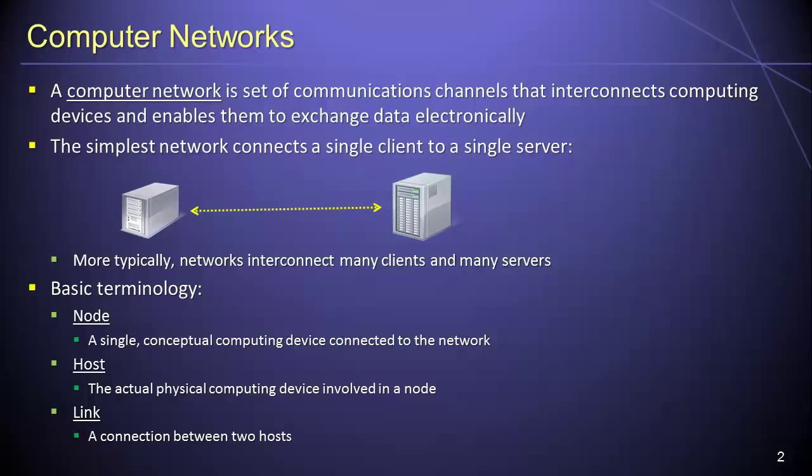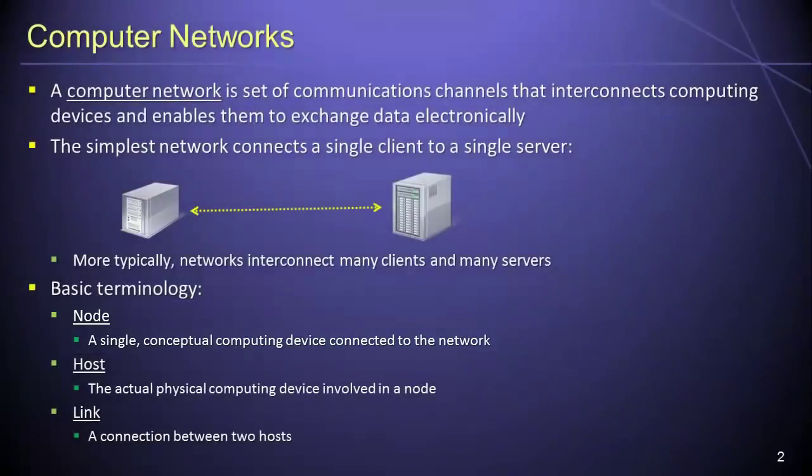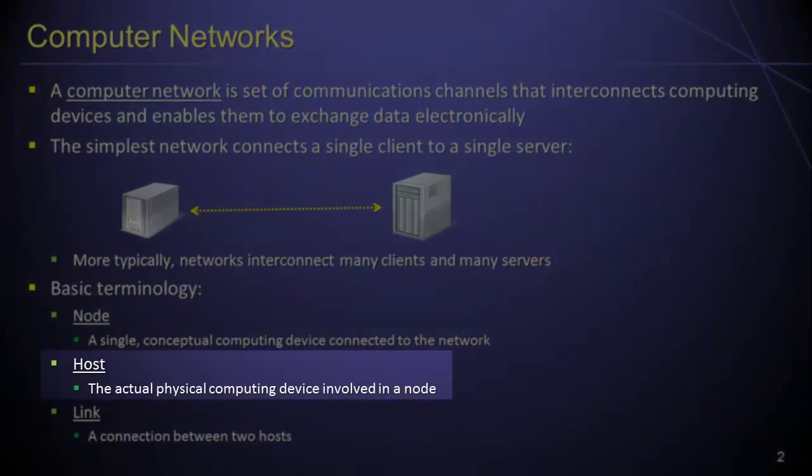First among these terms is a node, which refers to a single conceptual computing device that is connected to the network. The next common term is a host, which refers to the actual physical computing device which resides at a node. A node is therefore more of a logical concept, while a host is more of a physical concept.